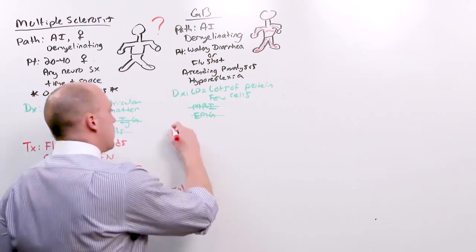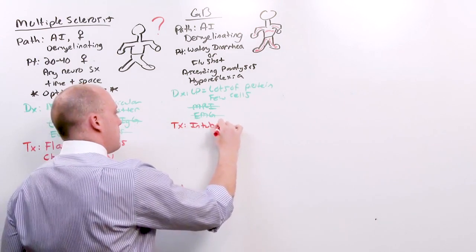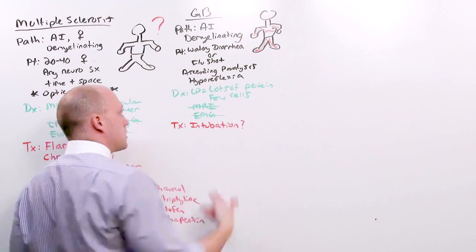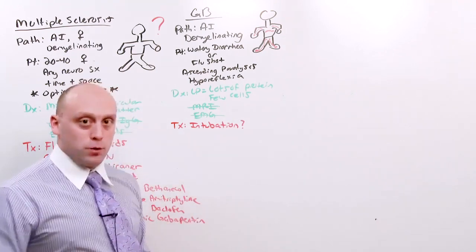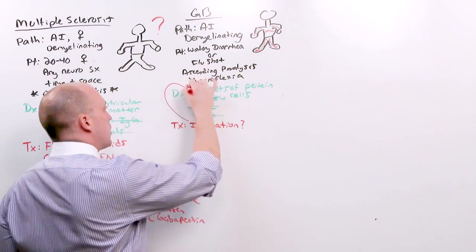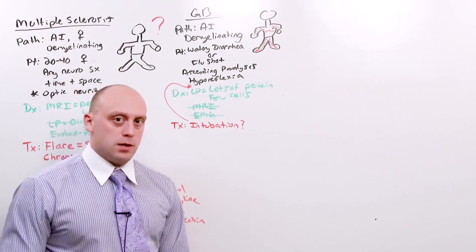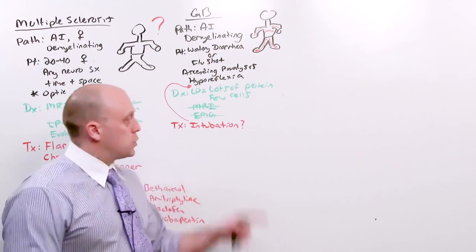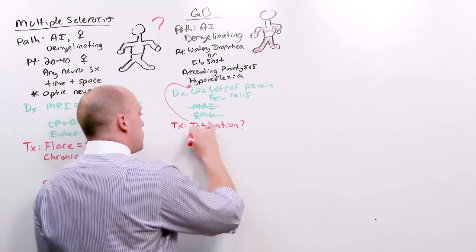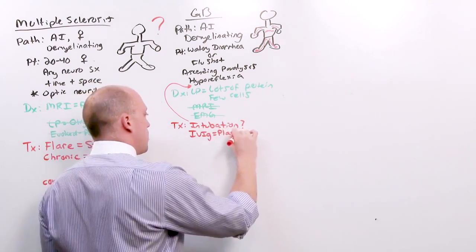The treatment for Guillain-Barré starts with intubation. If the person has ascending paralysis to their diaphragm, it doesn't matter what else you do, you have to intubate them. So before you get the lumbar puncture, if you're thinking this is Guillain-Barré and they're having trouble breathing, intubate them. But once you've made the diagnosis, intravenous immunoglobulins is effectively the same as plasmapheresis.